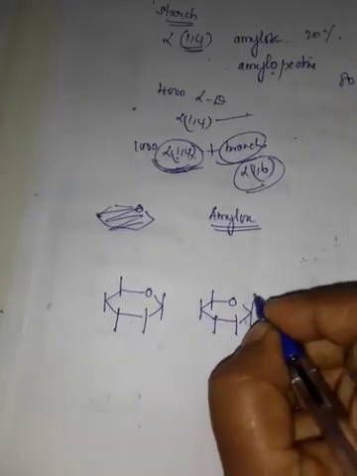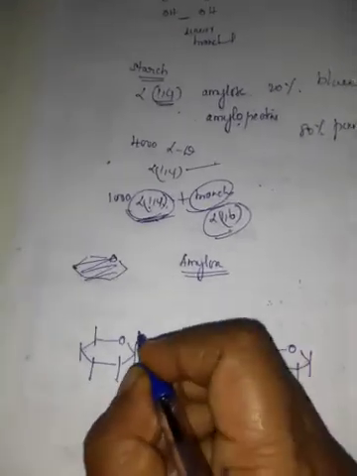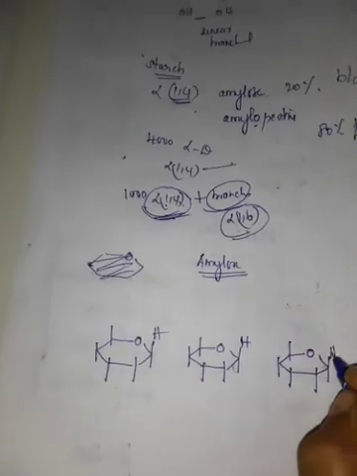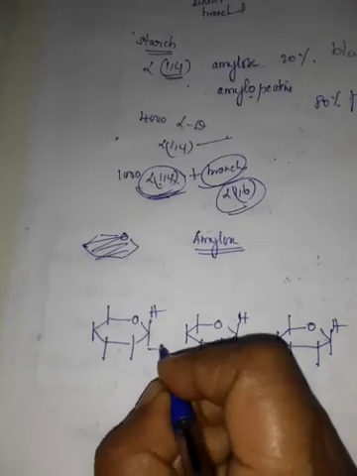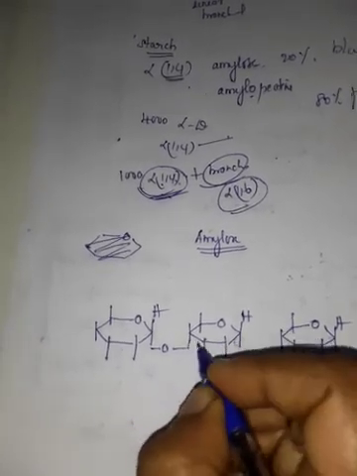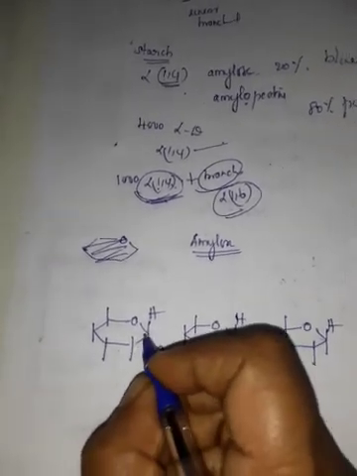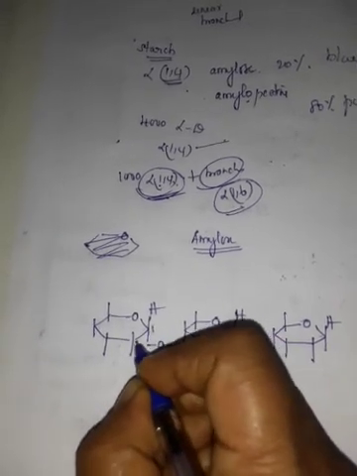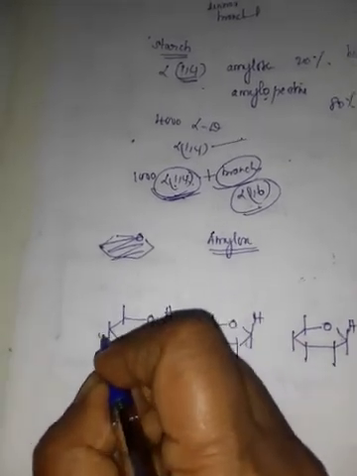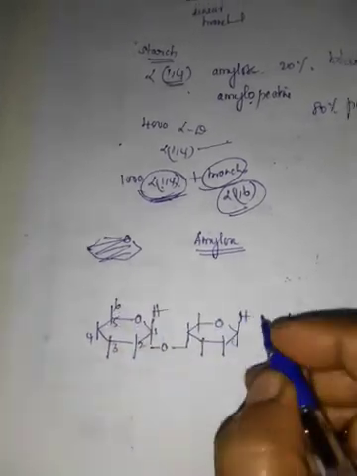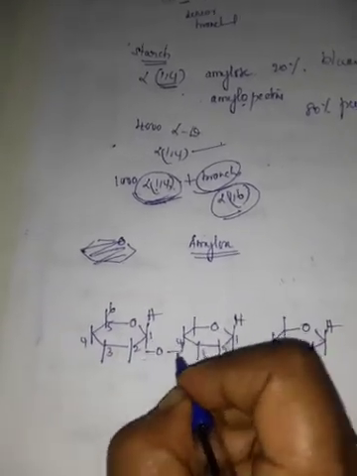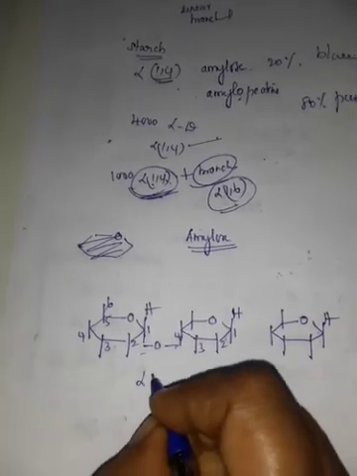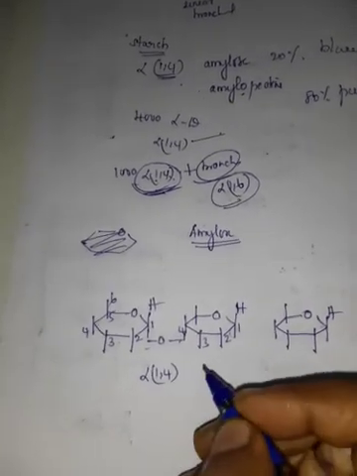Here, all are having H. All the molecules have H. And this can be linked 1,4. This is the first carbon, second, 3, 4, 5, 6. Similarly 1, 2, 3, 4. 1 and 4 are linked. That is alpha 1,4 glycosidic linkage.